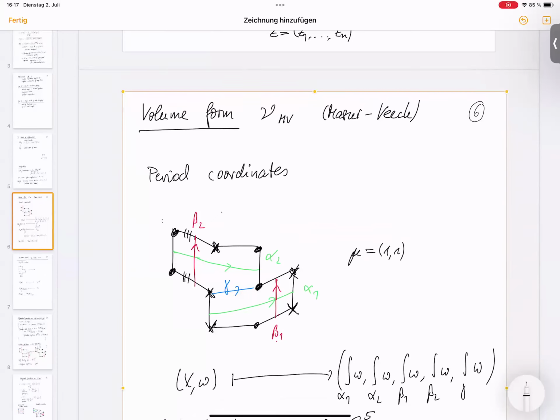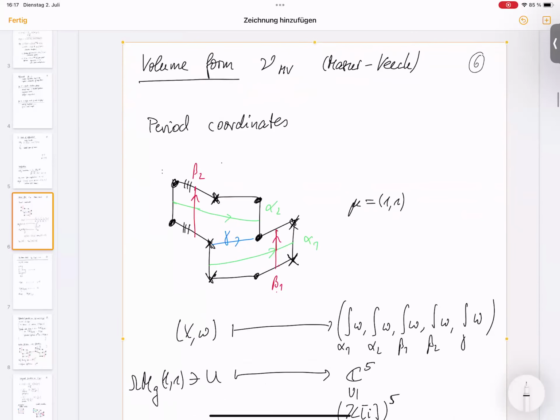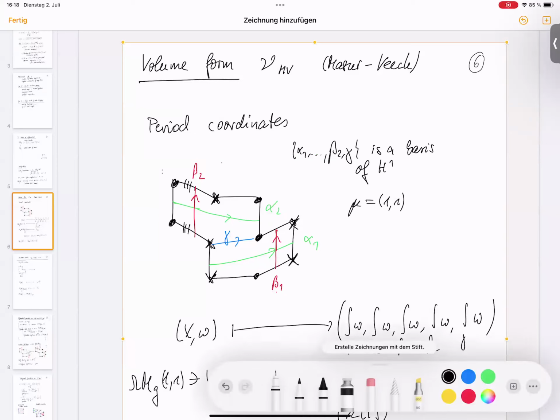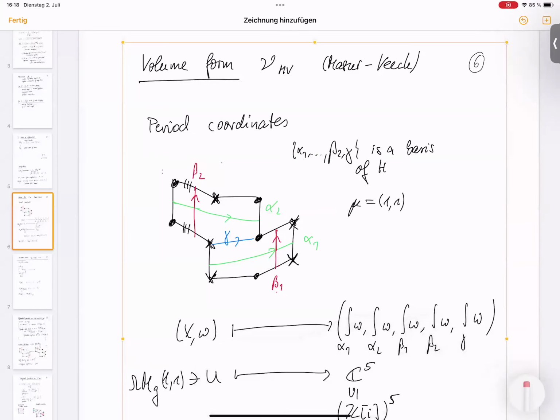And altogether, the set alpha 1 through beta 2 together with gamma is a basis of the homology of the surface relative to the zeros of the differential form, say, with integral coefficients.